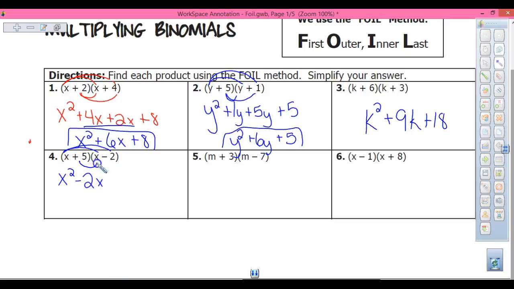And then I've got a positive 5 times x to give me plus 5x. And then a minus 10. It's going to give me x squared plus 3x minus 10. Does that make sense?